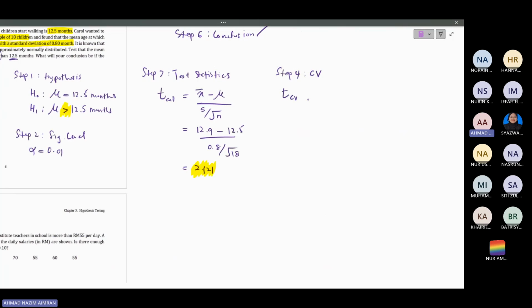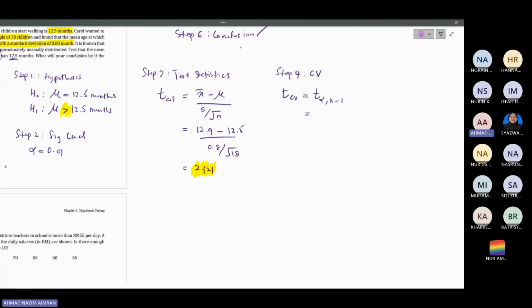So the T critical value is equal to T alpha, with degree of freedom equal to n minus 1.